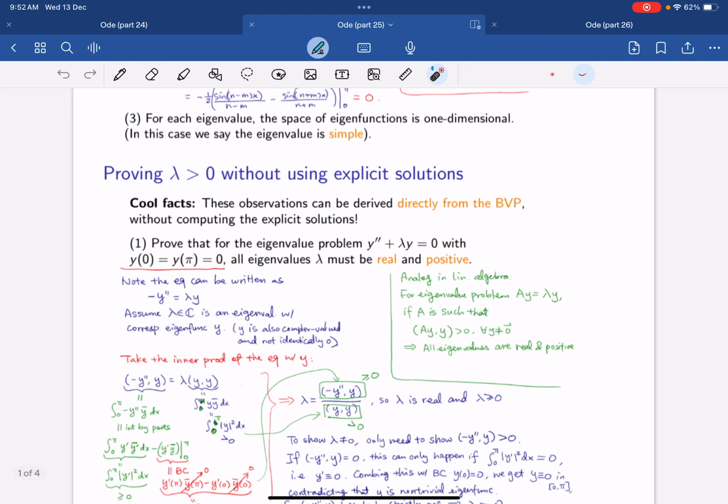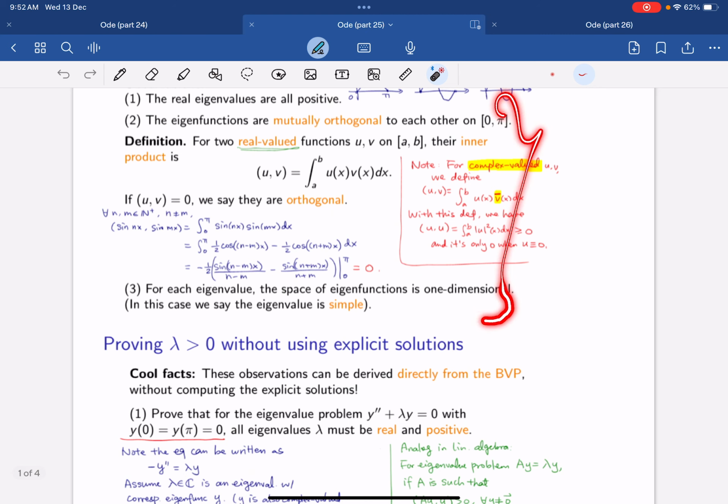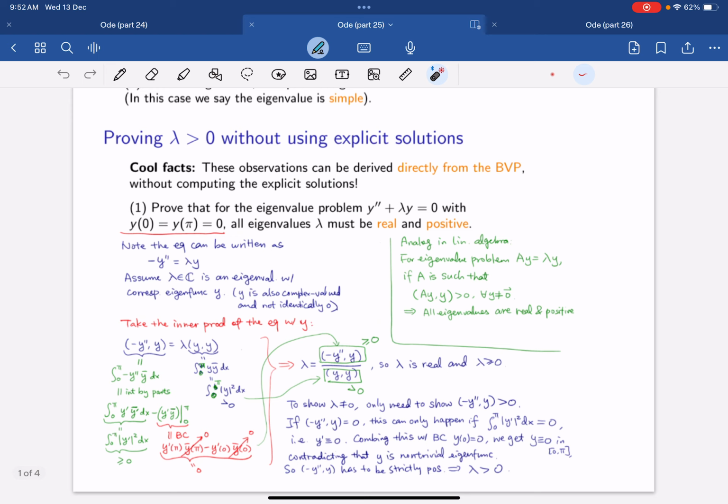But actually we can prove that lambda is positive without any explicit solution. So let's see how we prove this set of observations without finding it. We have the equation y double prime equals minus lambda y.